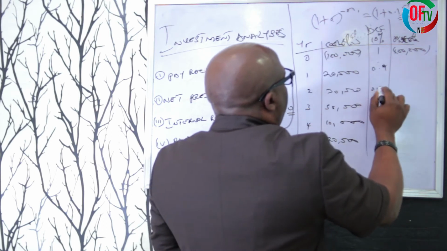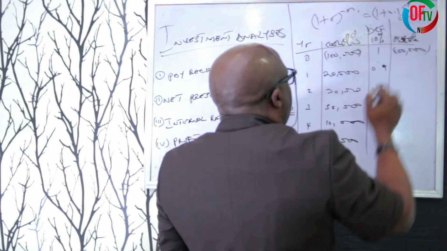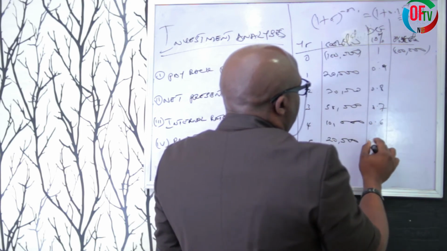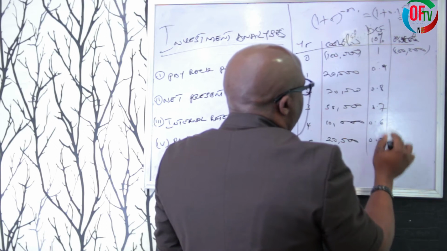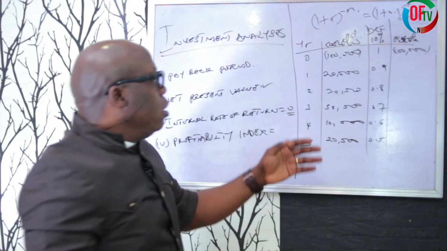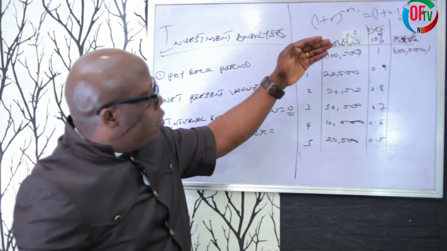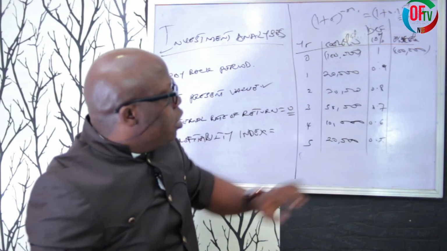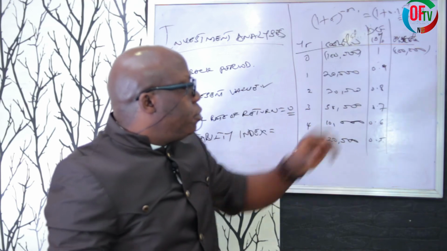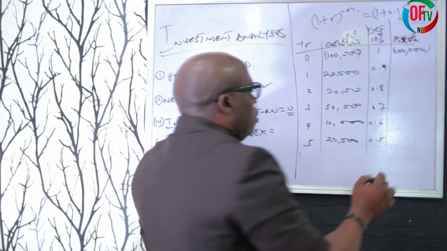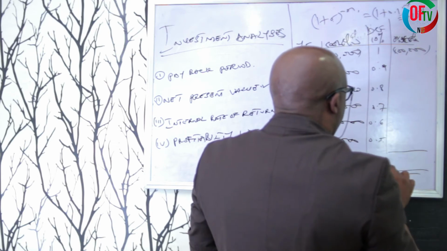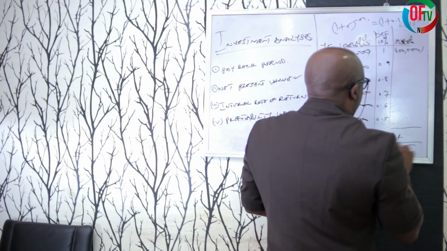This one will be 0.8. This one will be 0.7 or something. This one will be 0.6 or something. This one will be 0.5 or something. This shows that there is always time value of money to this. Now when we multiply these factors, you find out that you'll be getting what we call net present value.